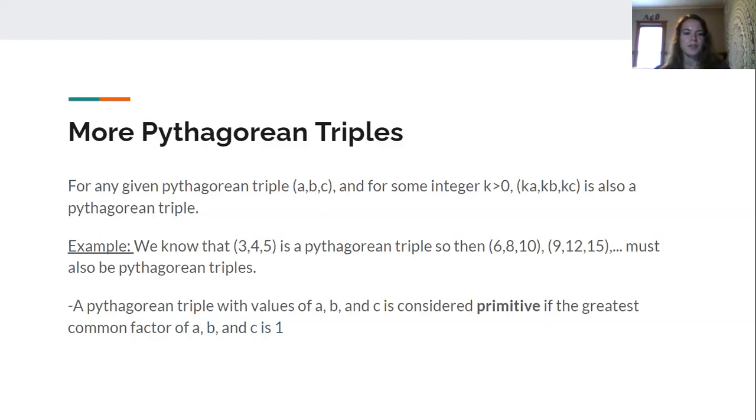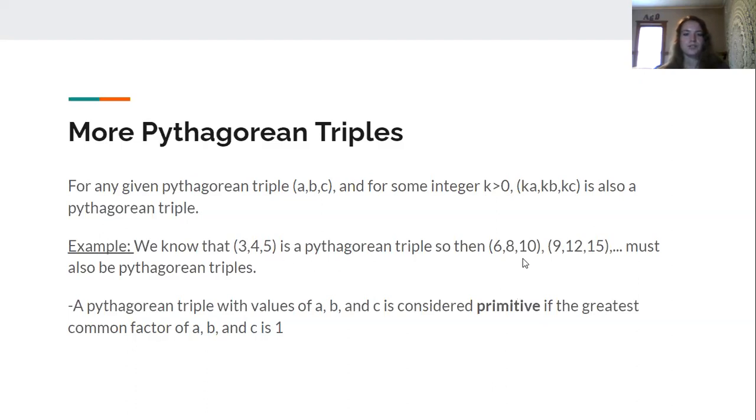So then one thing to note is a Pythagorean triple with values of a, b, and c is going to be considered primitive if the greatest common factor of a, b, and c is 1. So what that means is if we look at the Pythagorean triple 3, 4, 5, we notice that there's no number that 3, 4, and 5 are all divisible by. So that means that 3, 4, 5 is going to be primitive because the only number that they are all divisible by is 1.